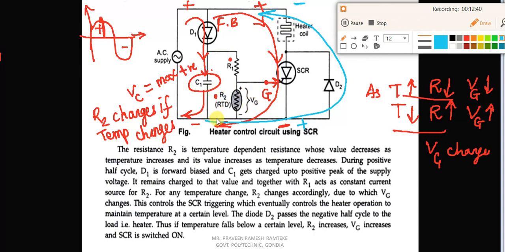The temperature dependent resistance R2 is changing, and because of this the triggering action of the SCR is controlled, the SCR conducts, and hence this overall circuit operates. So this is all about the heater control circuit using the SCR, or temperature control using the SCR. Thank you.